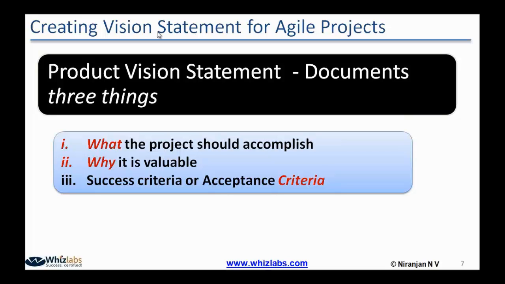This is similar to a project charter in a traditional project. Again, I am stressing and emphasizing here that the vision statement, which documents what, why, and the success criteria, should not be very long. Maybe it can be in the form of just one A4 size sheet, not a lengthy 15-page or 20-page document.